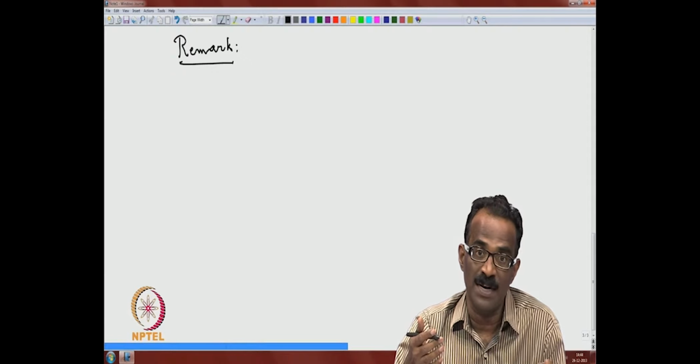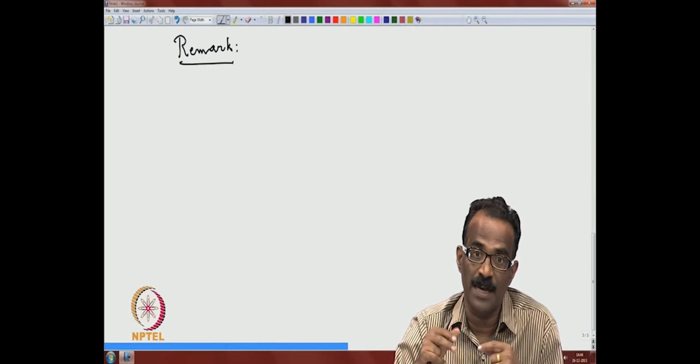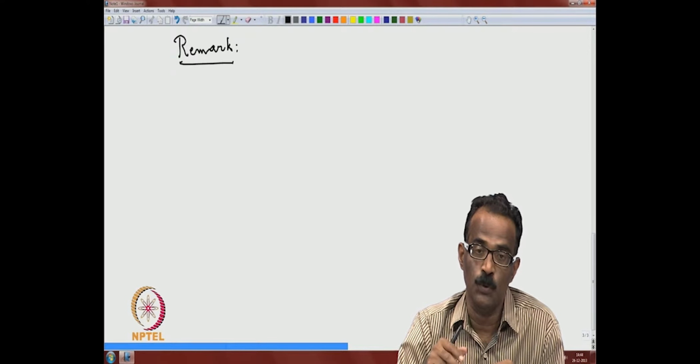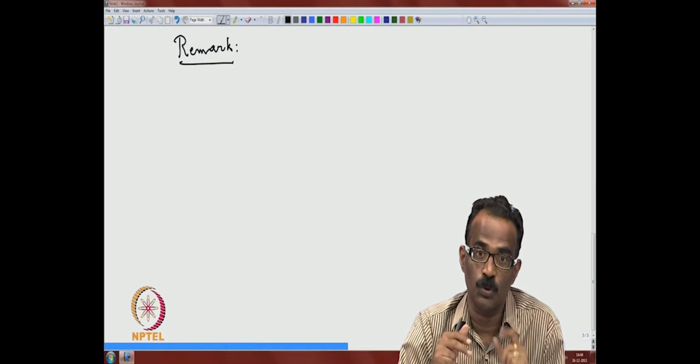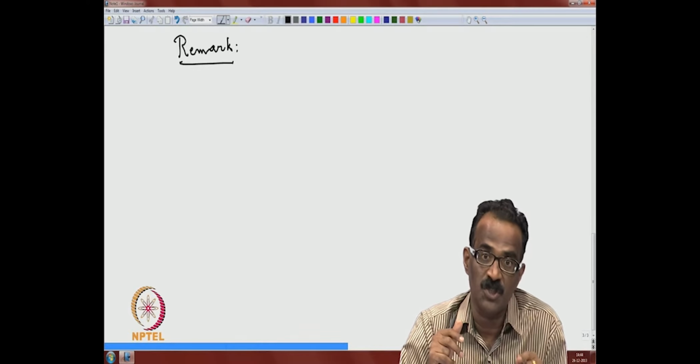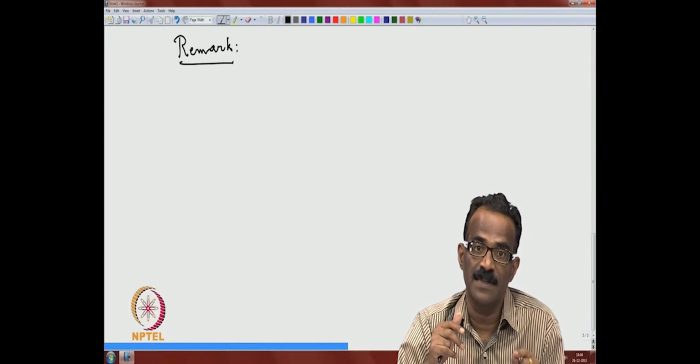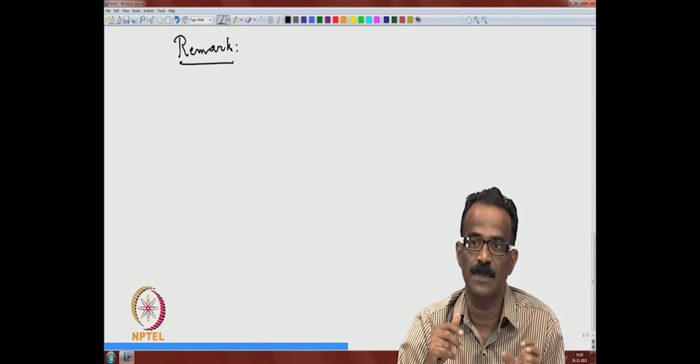And the first result says that if y1 and y2 are any functions in the solution set, then the first part of the result, that alpha y1 plus beta y2 is also a solution, shows that the set is actually a linear subspace.